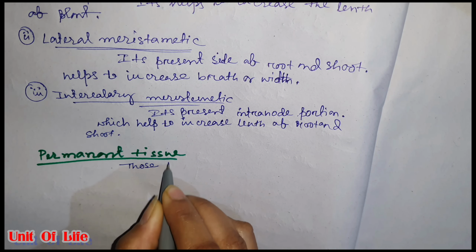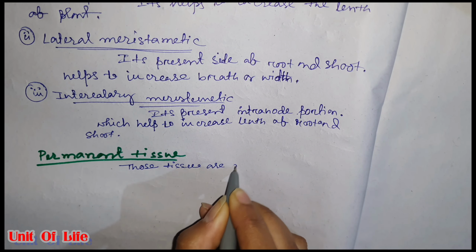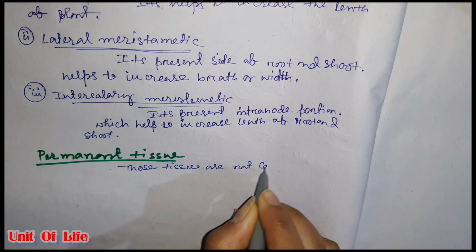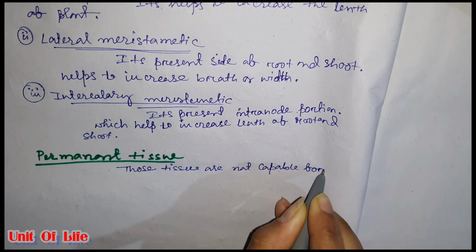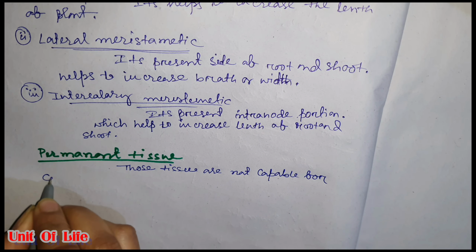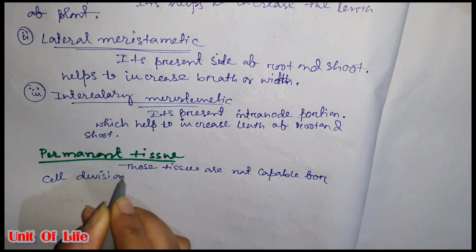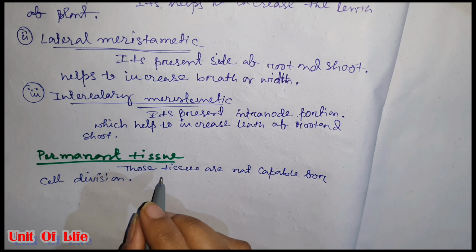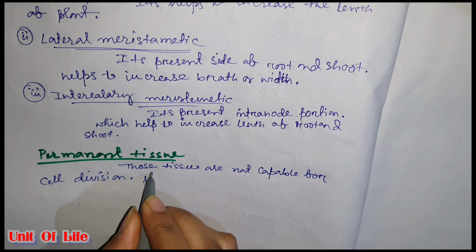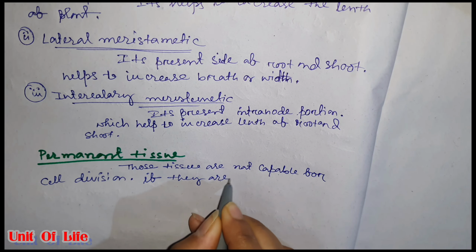Now we discuss permanent tissue. Those tissues are not capable of cell division. If they are living, then the division has stopped for the time being, or if the cell is dead, then division has stopped. It means permanent tissues are not capable of further cell division, hence they are called permanent tissue.